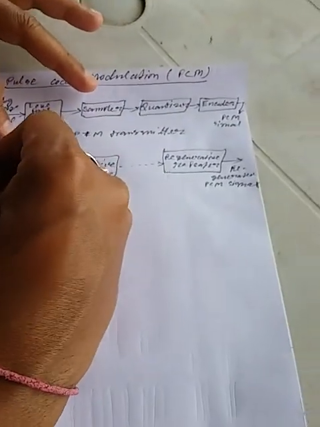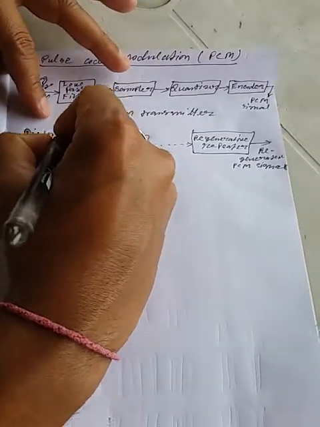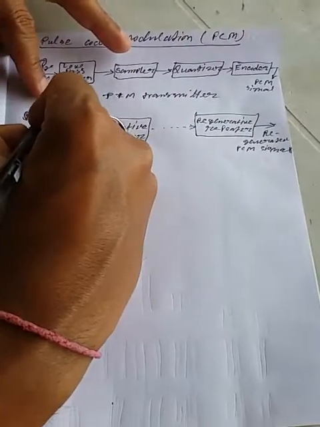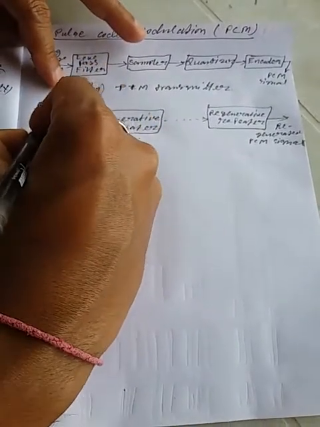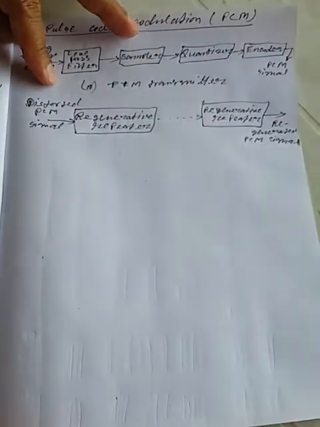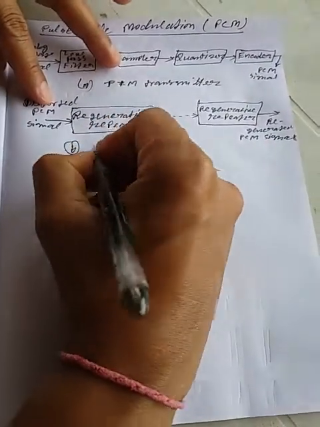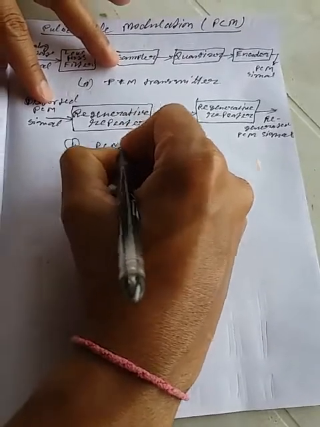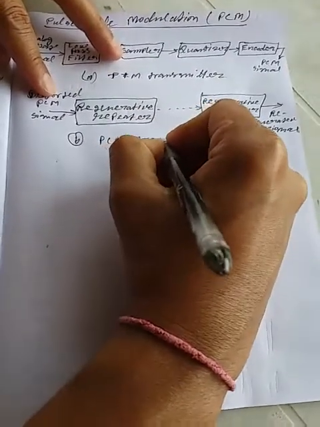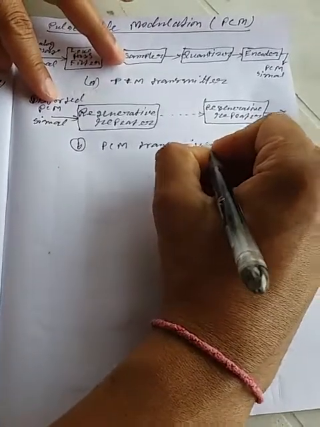Okay, now these are distorted PCM signals. Okay. Now so this is the transmission path, PCM transmission path.